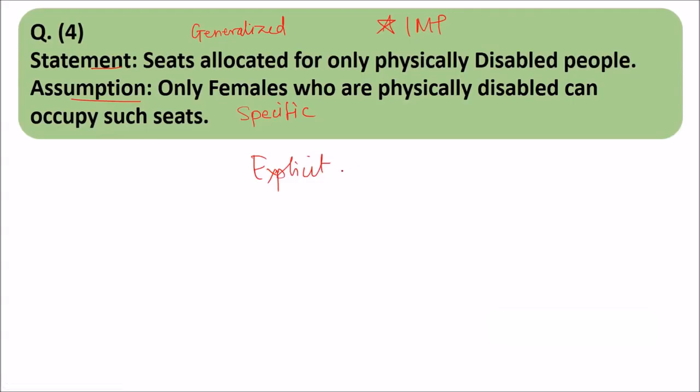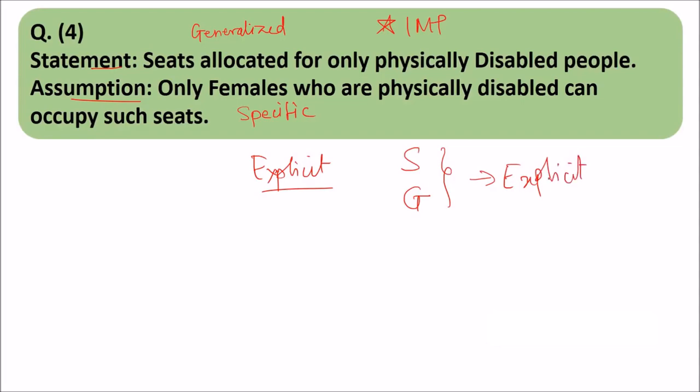I'll explain what we mean by generalized and specific, but just remember the tip. Whenever the statement is generalized and the assumption is specific, the assumption will be explicit. Same way, if the statement is specific and the assumption is generalized, the assumption will be explicit again.